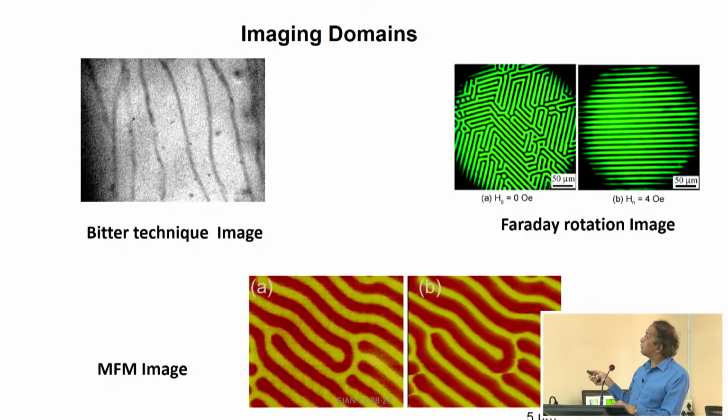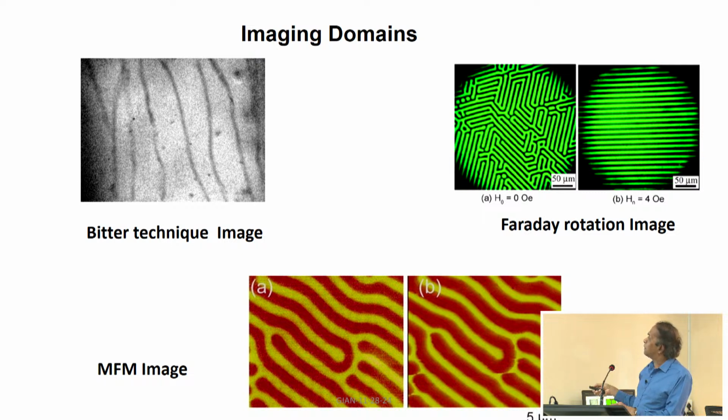And these are what are called 180-degree domains, and the sample has an anisotropy perpendicular to the plane. So, what you see as bright are domains with magnetization up, the dark ones are domains with magnetization down. So, these are 180-degree domains that we saw earlier, and these are seen in the Faraday rotation imaging.